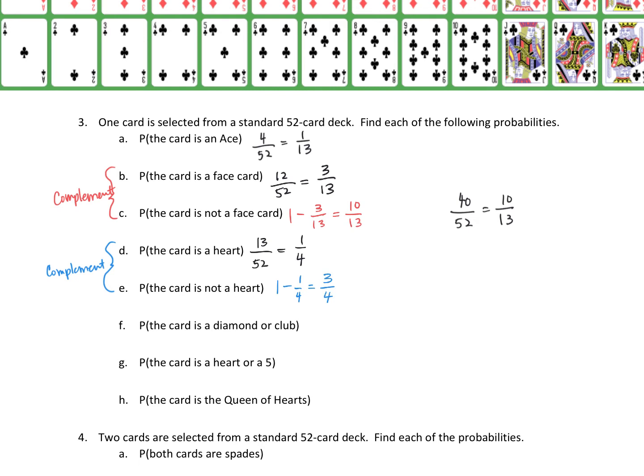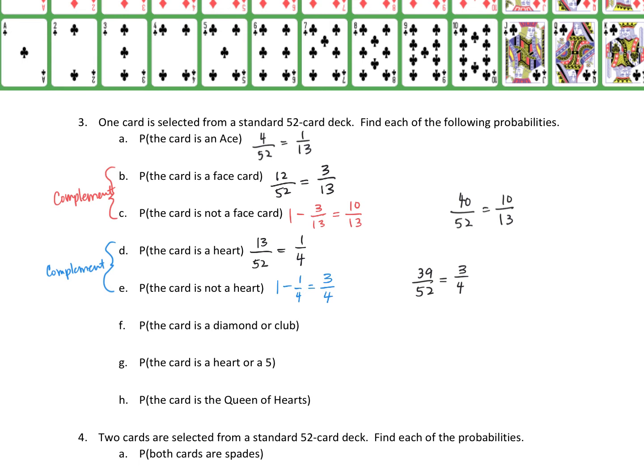Or you could just go up and look at your visual and count how many are not hearts. If 13 are hearts, then you can do 52 minus 13, and you will find that 39 are not hearts. So 39 out of 52, and you can divide both of those by 13 to get to your lowest terms, which is 3/4.